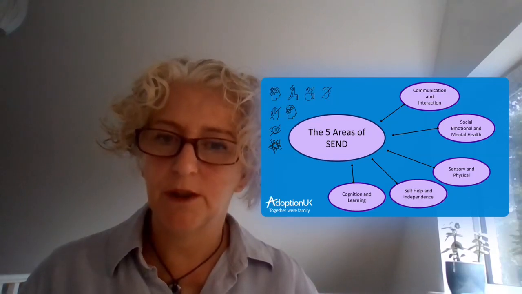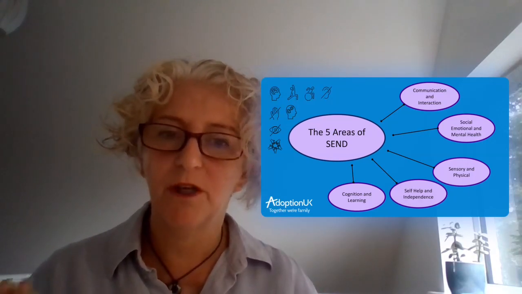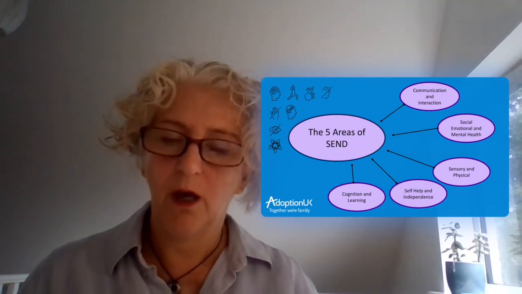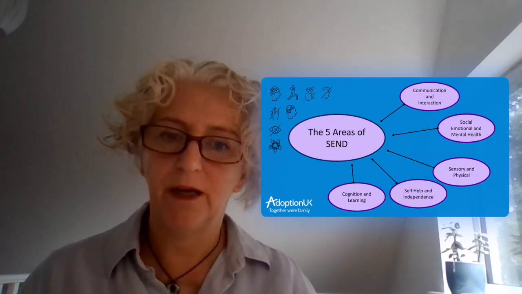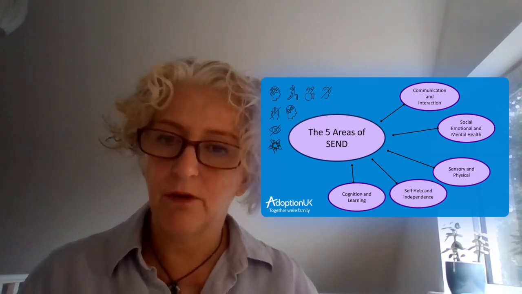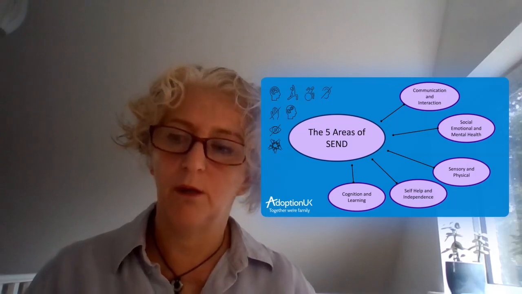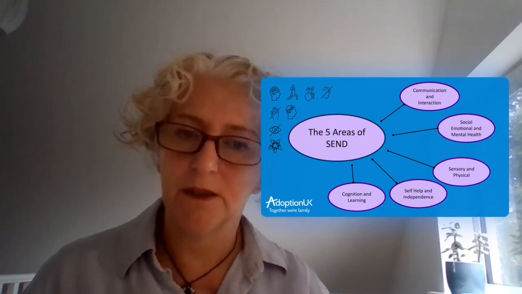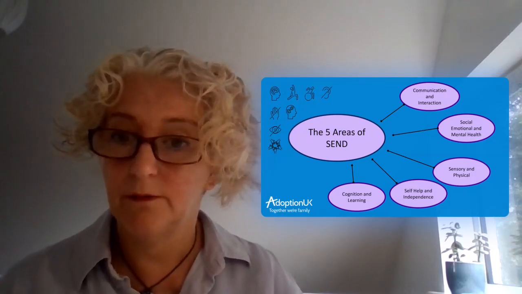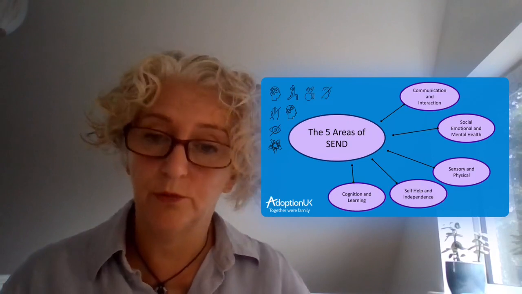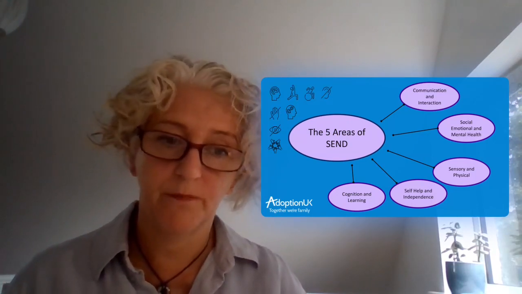So all the information that is in that EHCP will come under one of these headings. Yes, some may cross over, but all information will have to sit there somewhere. It can also cover points or areas of learning and development for home, but primarily it is for the education provision, whether that's in school or via alternative provision.